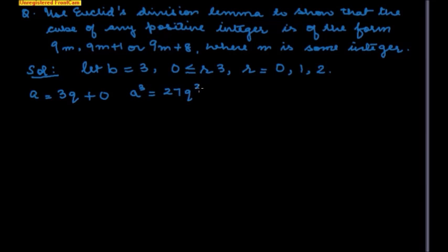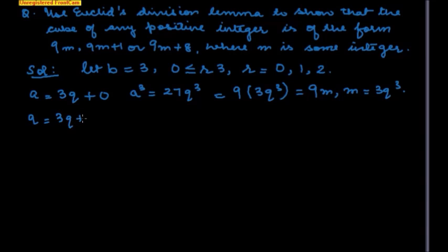The cube of 3q is 27q cube. This can be written as 9 into 3q cube. I've taken 9 out because I need the form 9m, 9m plus 1 and 9m plus 8. So this can be written as 9m, where m is equal to 3q cube.